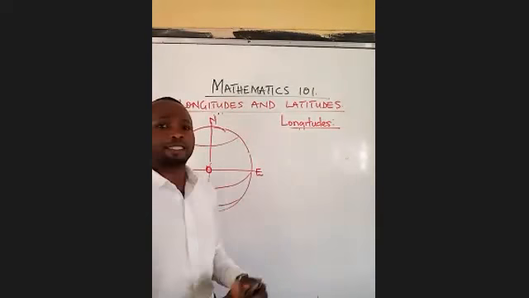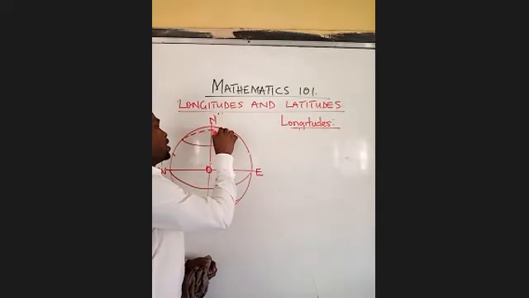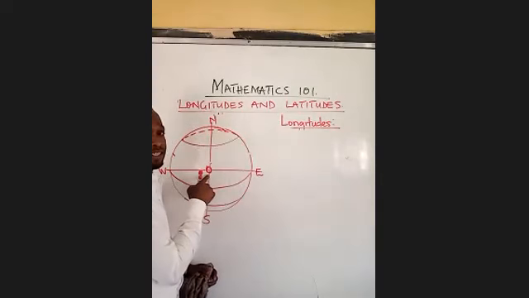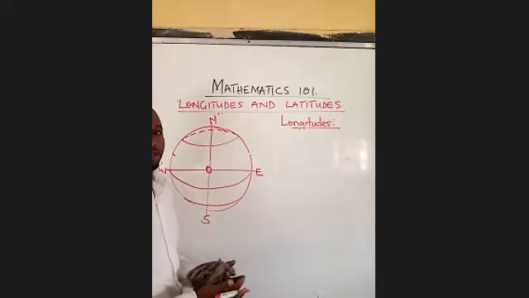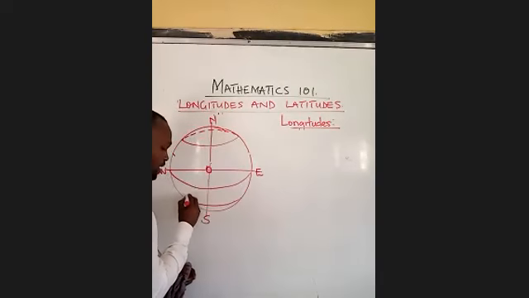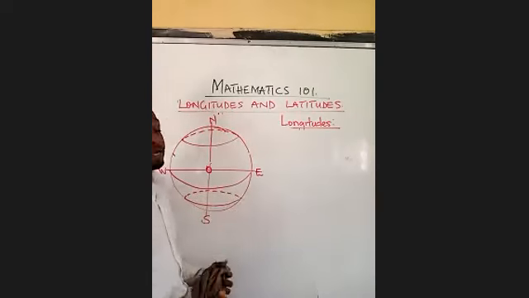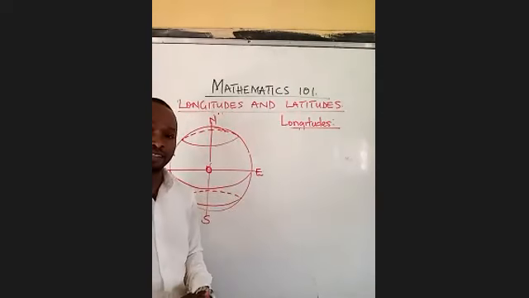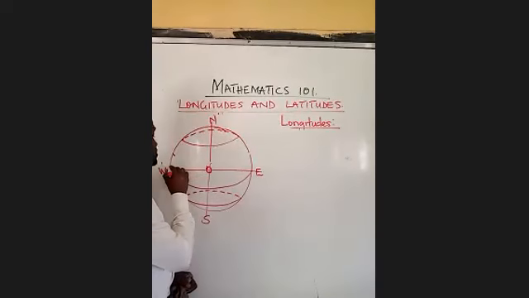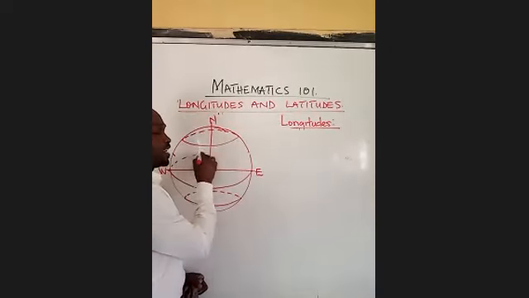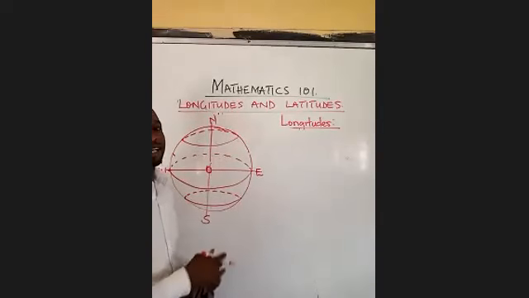By the time you complete the first one, it has formed a circle and it does not have the center of the earth. So let's complete this one too. This one also has formed a circle and does not have the center of the earth. But this one, when you complete it, you see that it forms a circle, and it has the center of the earth.